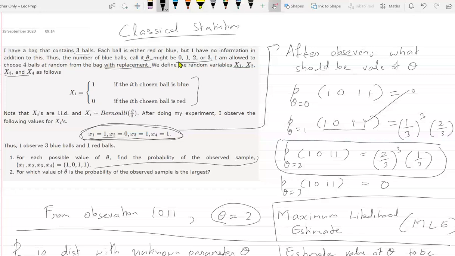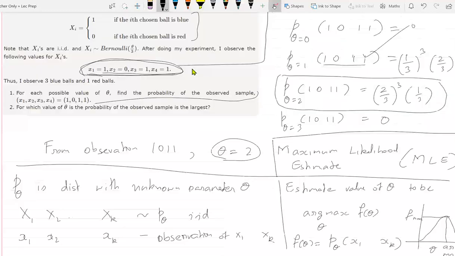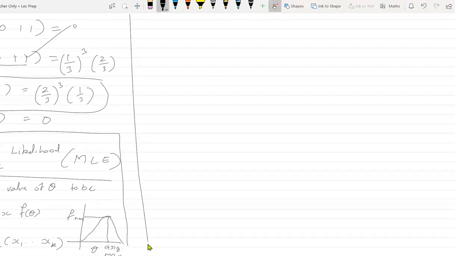So how do you incorporate prior information into this calculation? Whenever you have prior information, it's called Bayesian statistics.